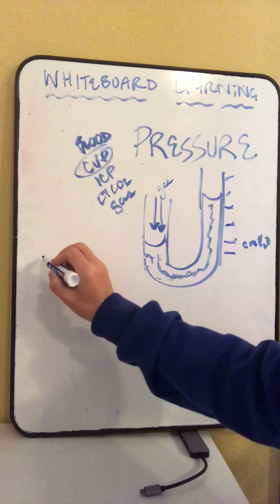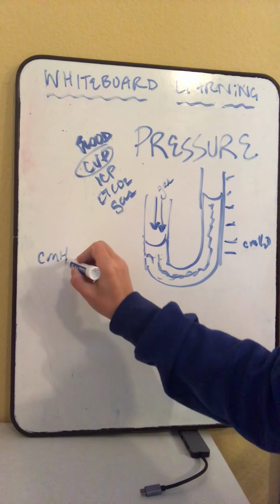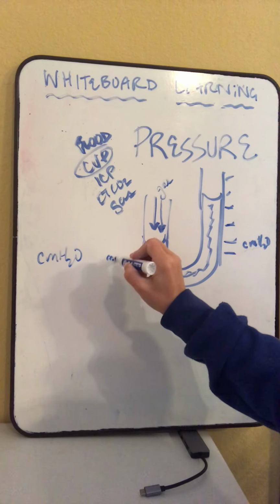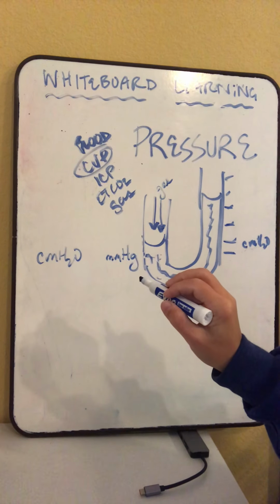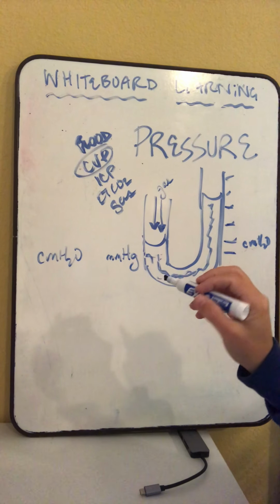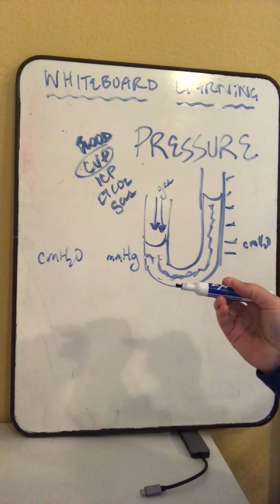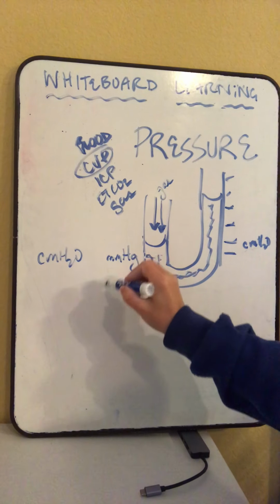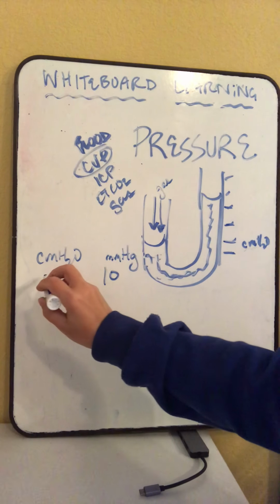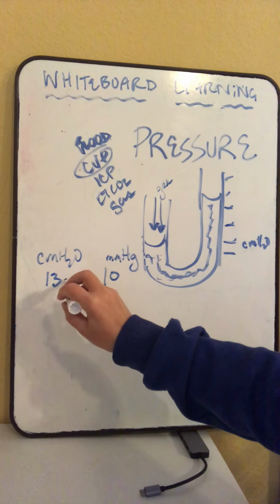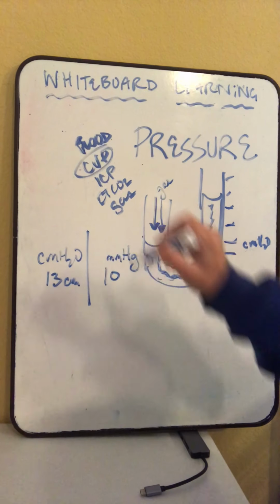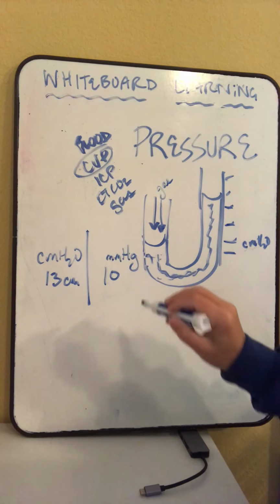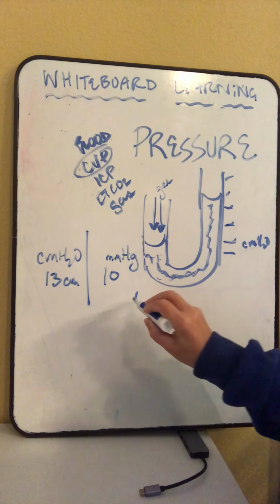So the difference between centimeters of water and millimeters of mercury is about 1.34. So just so you can figure out, if we had 10 millimeters of mercury, that would be about 13 centimeters of water.